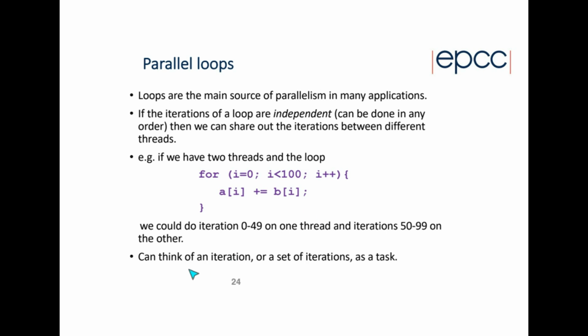What we're doing here is thinking of an iteration of the loop, or a subset of iterations of the loop, as a task. Each of the loop iterations are independent of each other, so different threads can execute them at the same time and still get the correct result.